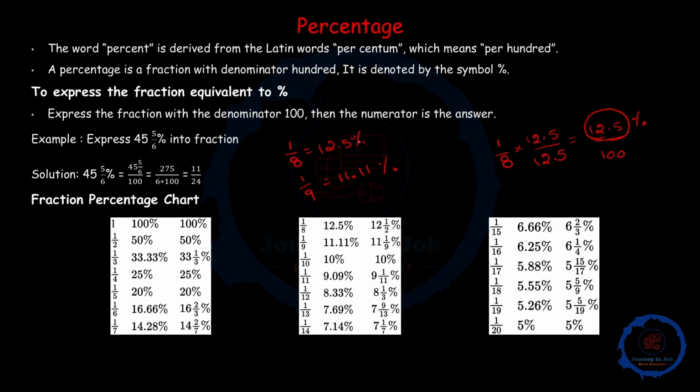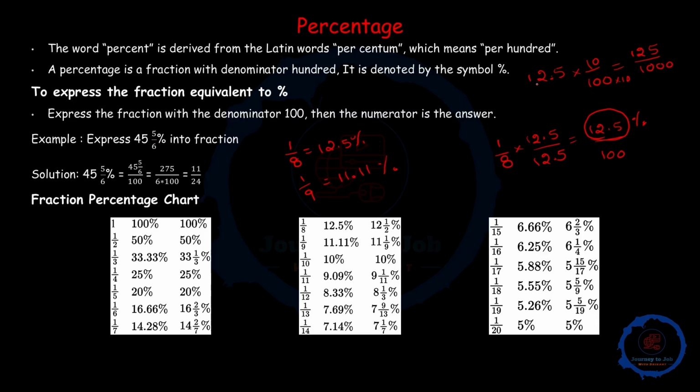Suppose percentage to fraction conversion: 12.5 percentage means, as I already told, multiply with 1 by 100. This is converted to 125 by 1000 because I multiplied numerator and denominator by 10, so this decimal will go.